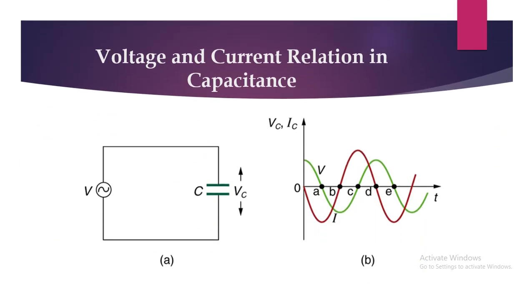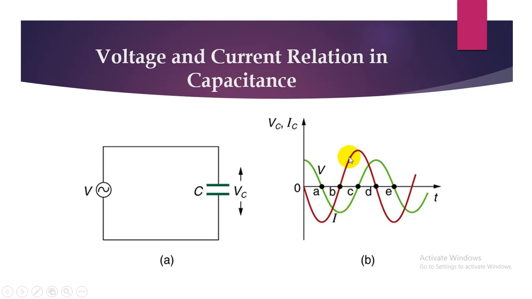Voltage and current relationship in capacitance. As with the inductance, here also the same thing. When we apply the AC signal across the capacitance, we can see the voltage and current relationship. Voltage is applied across it, but when we draw the characteristics, this is the voltage and this is the current wave.